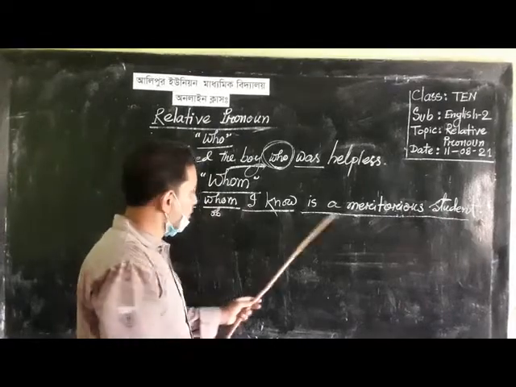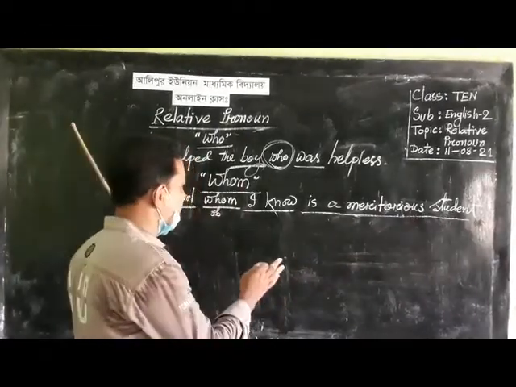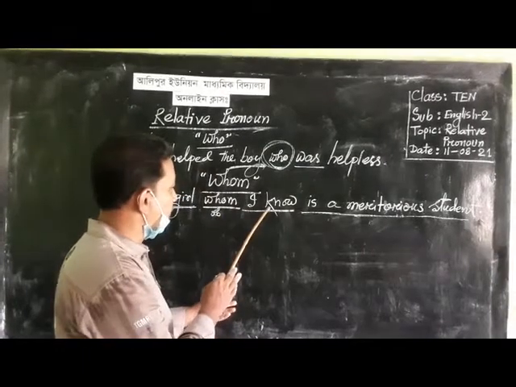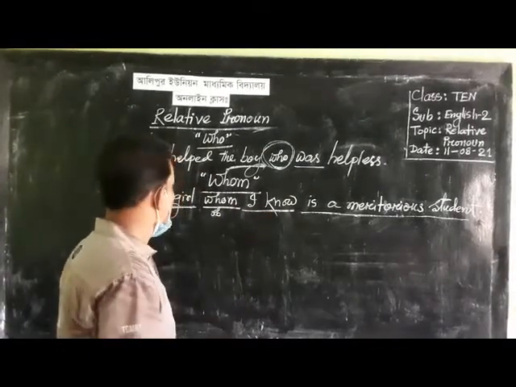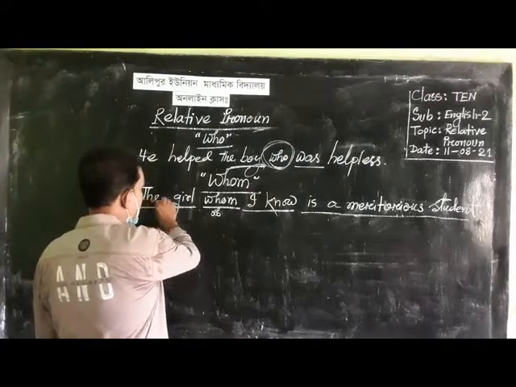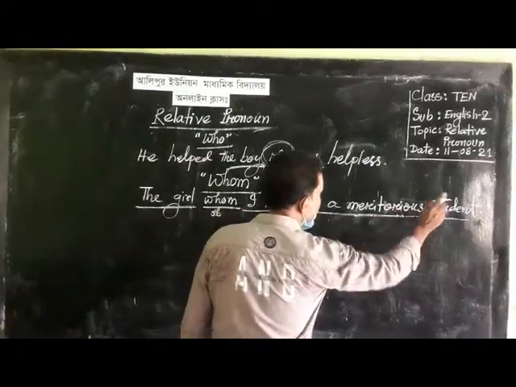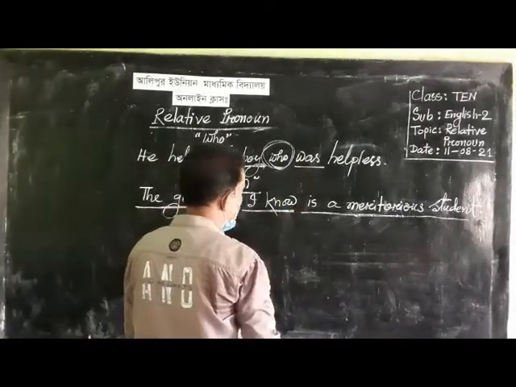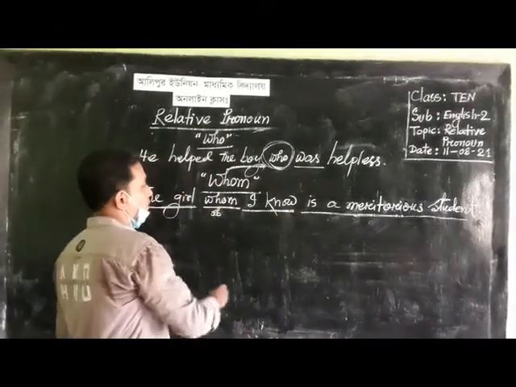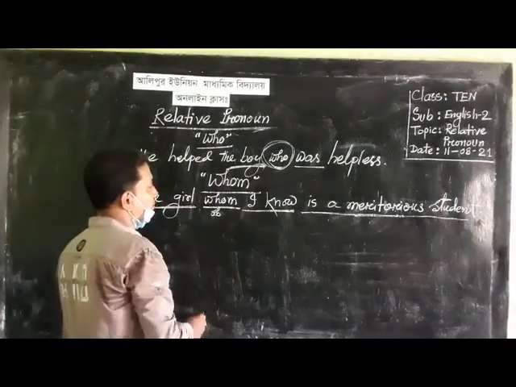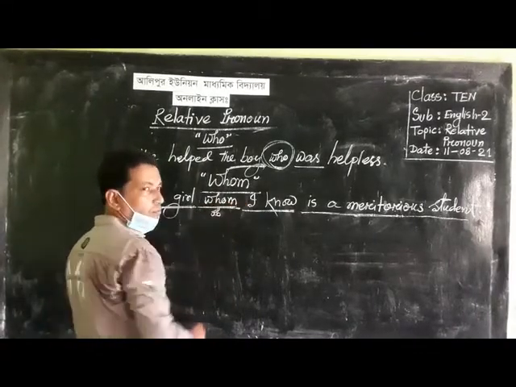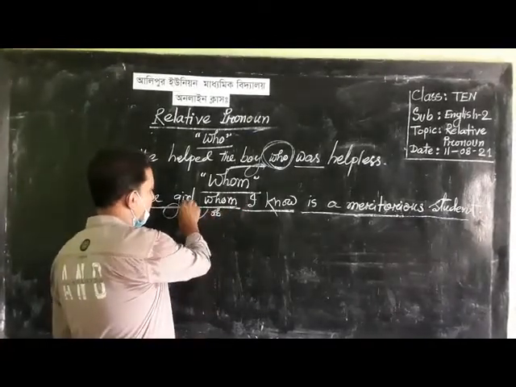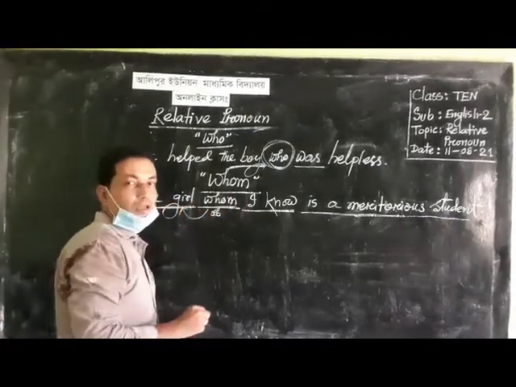So the main clause is the girl is a meritorious student, and I know is another clause. The two clauses are joined by relative pronoun whom, and whom here is object, and it indicates the girl. So girl is antecedent.